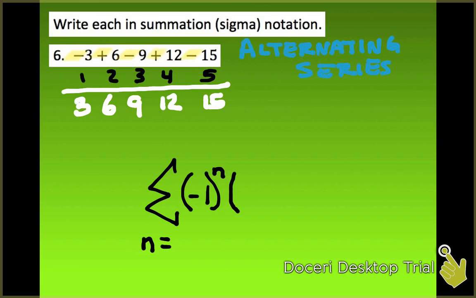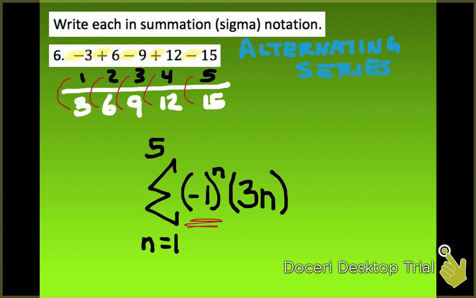And I'm hoping that you can see right away that 1 times 3 is 3, 2 times 3 is 6, 3 times 3 is 9, 4 times 3 is 12, and 5 times 3 is 15. So our alternating series is taken care of. We are starting at 1 and going through 5. And then we are going to have 3 times whatever number we're on, so 3n.